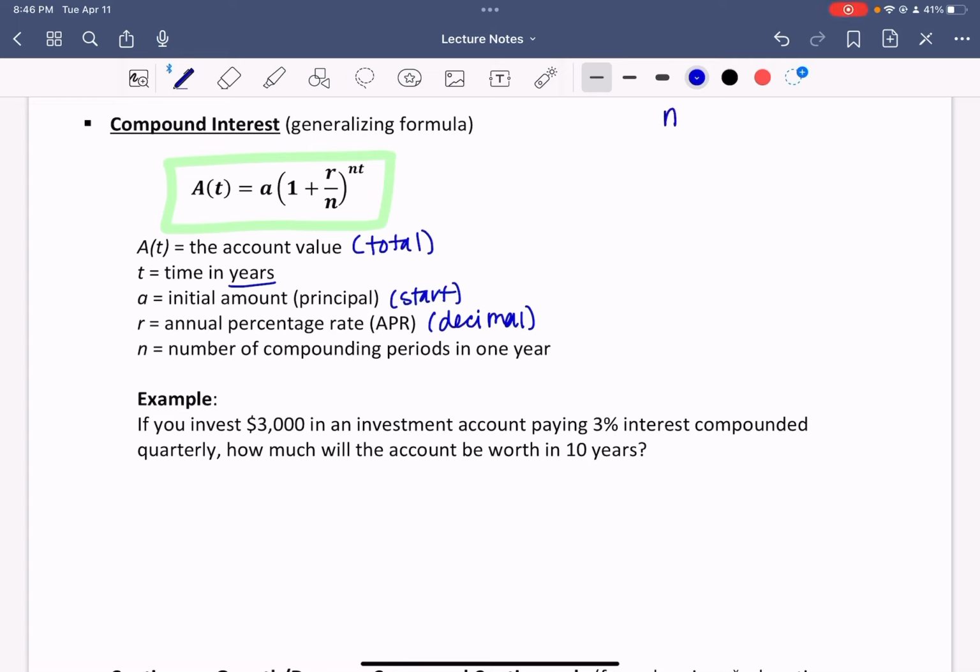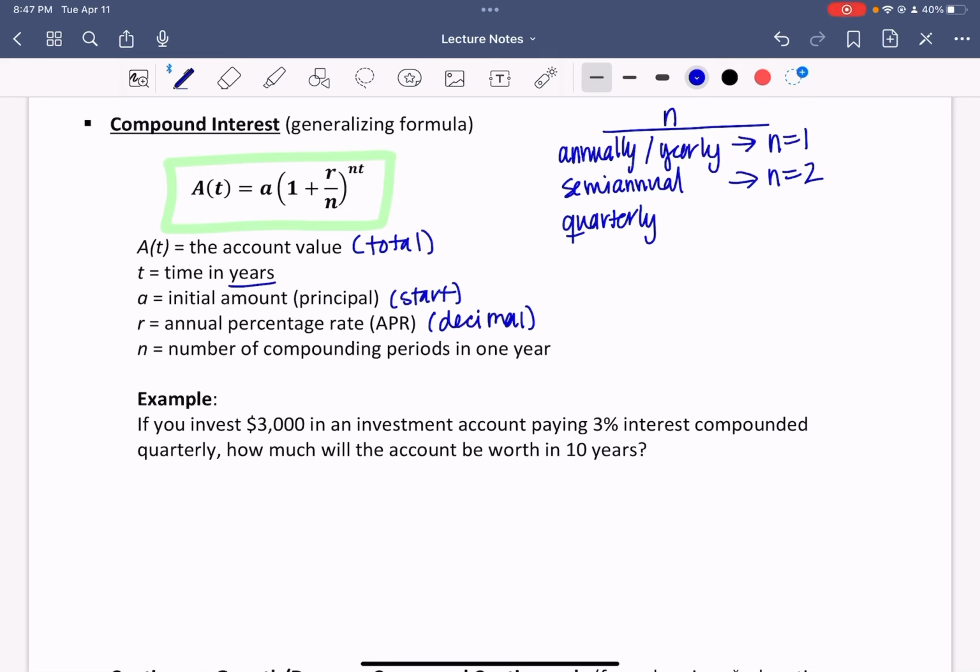And so let's talk about how many times in 1 year something can be compounded. If it's compounded annually or yearly, that represents an N value of 1. So once a year that's happening. If it's semi-annual or biannual, that means N is 2. It happens twice a year. If it compounds quarterly, think about 4 quarters in a dollar, that means it's going to be compounded 4 times.